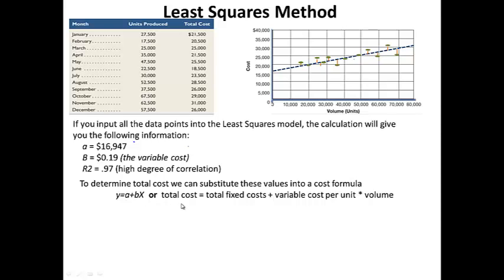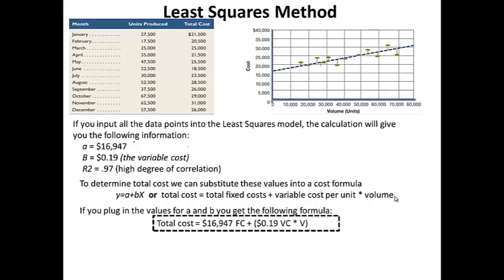Or, in English, our total cost equals our total fixed costs, which is A, plus our variable cost per unit, which is B, times our volume, which is X. If I were to refine this a little more, I would put brackets around variable cost per unit times volume, to ensure that calculation gets done first and separately.